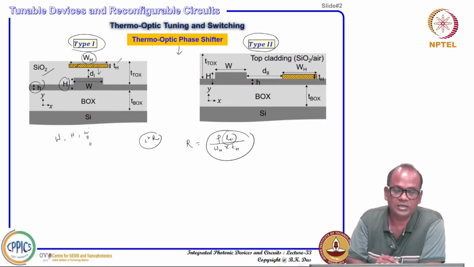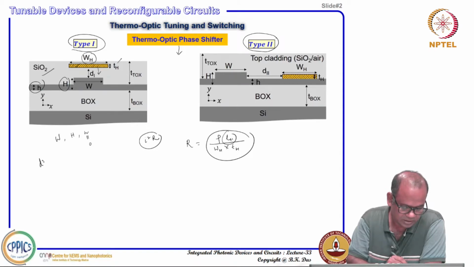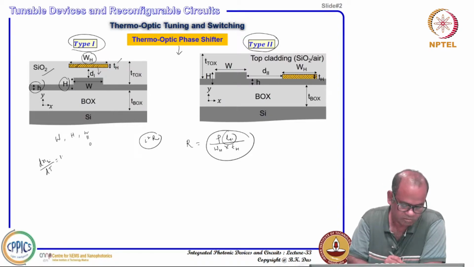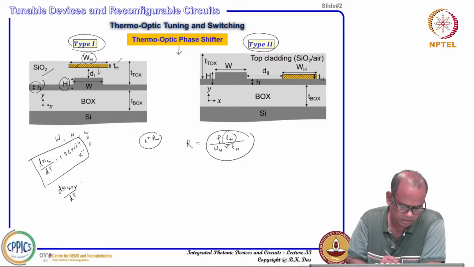As the temperature increases, bulk silicon has a Thermo-Optic coefficient equal to 1.86 times 10 to the power minus 4 per Kelvin. And for the cladding, dn of SiO2 by dT is less than 10 to the power minus 5 per Kelvin.